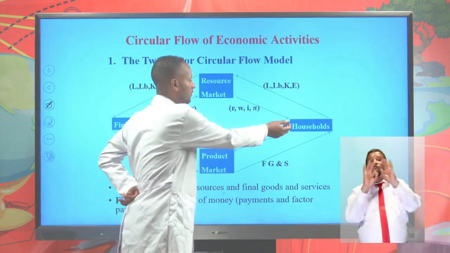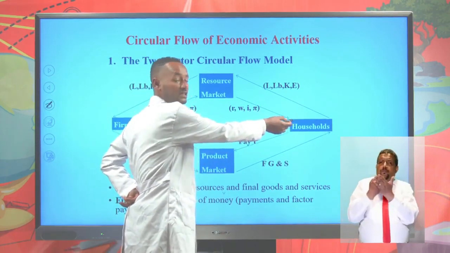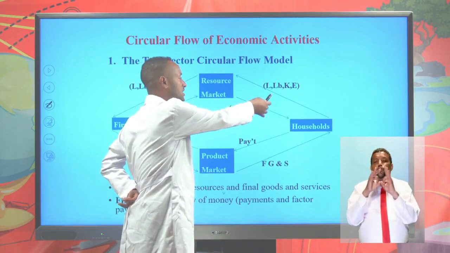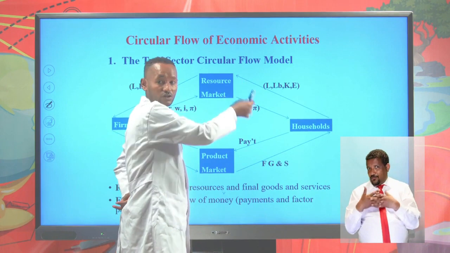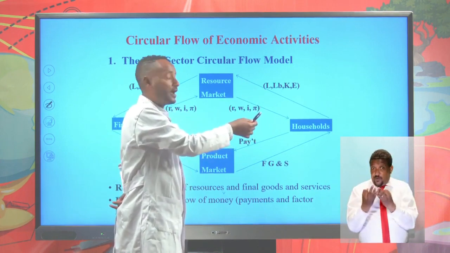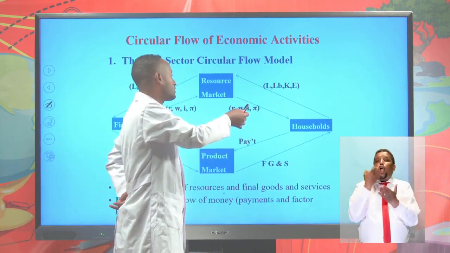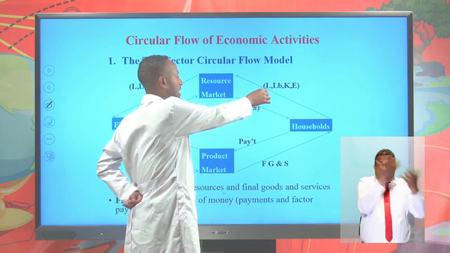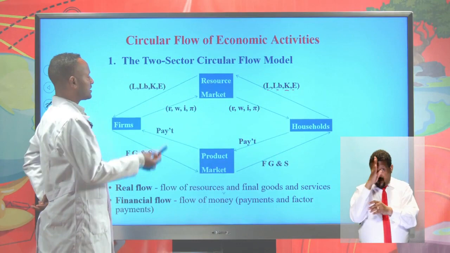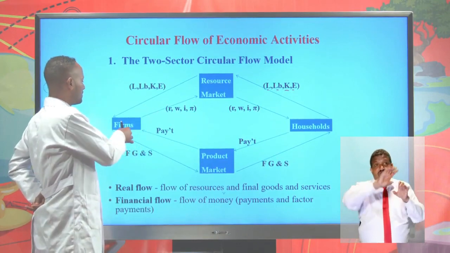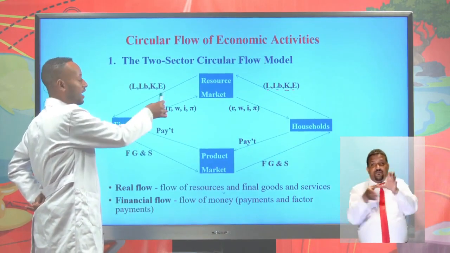Households are owners of economic resources. Hence, households are suppliers of economic resources in the resource market. They supply their land, labor, capital, and entrepreneurship in the resource market. In the two-sector circular flow model, firms are demanders of economic resources.